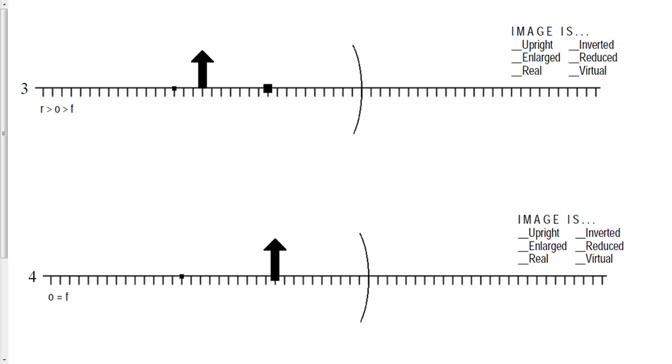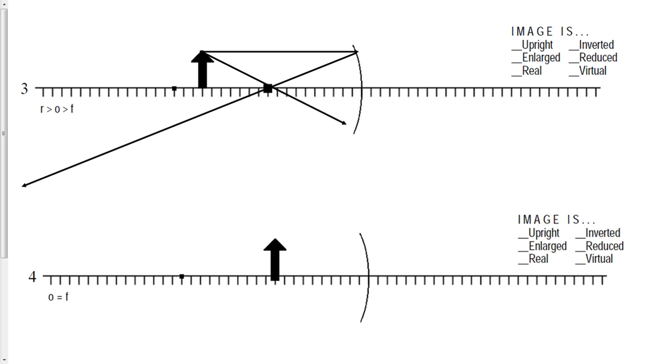Third scenario, between C and F. The tip. To the focal point. Image. As soon as you start getting inside of the center of curvature, the image gets larger than the object.